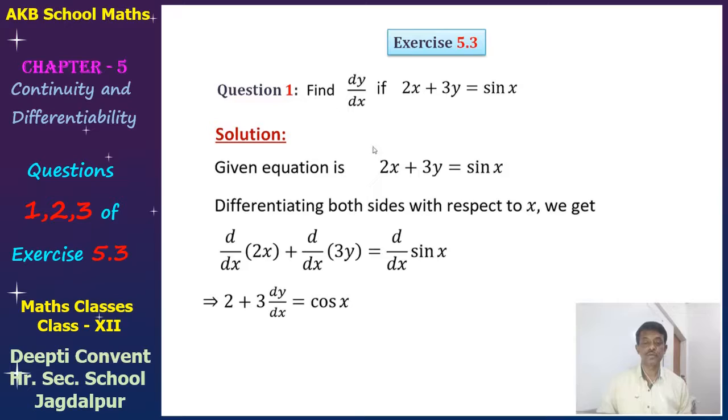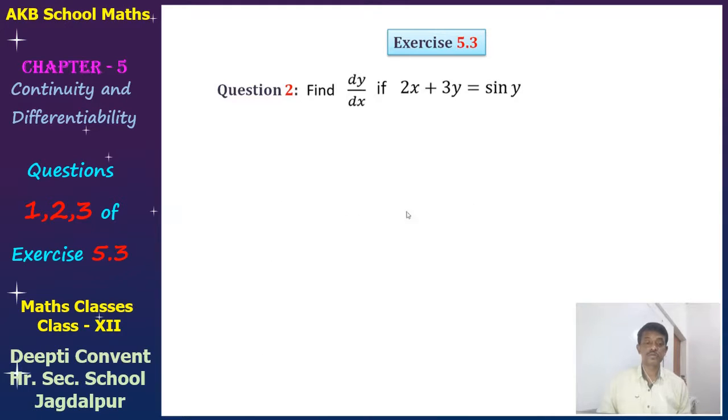So we have to find dy by dx. Transferring, dy by dx equals (cos x minus 2) by 3. Very simple. Directly differentiate on both sides. You can also solve it the other way, but here it is easy to differentiate directly. So we are getting dy by dx like this, in terms of x. Now, take question second.